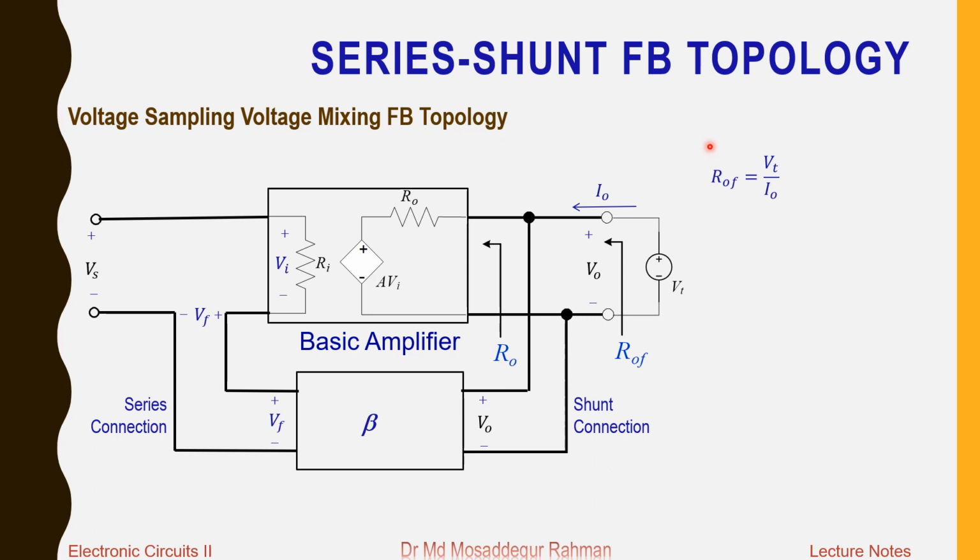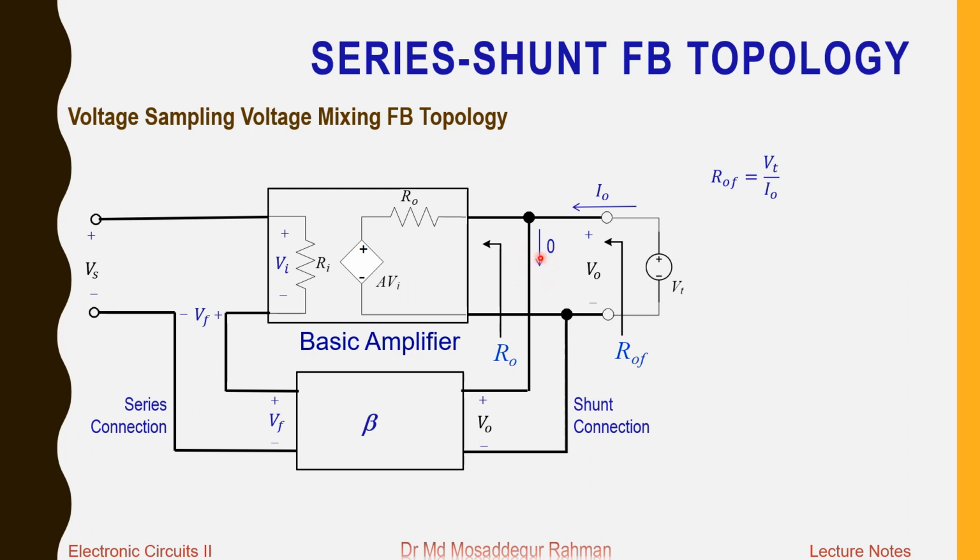But before we can analyze the circuit and determine this, there are some more steps we need to carry out. One of the things that we need to do to simplify the analysis is that we assume that the current flowing into the feedback network is zero. So this is to simplify our analysis and avoid the complication.